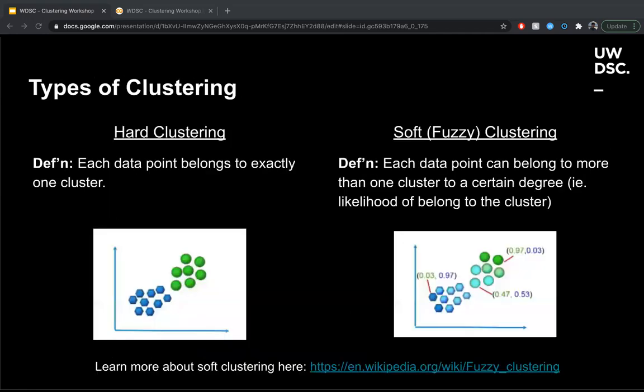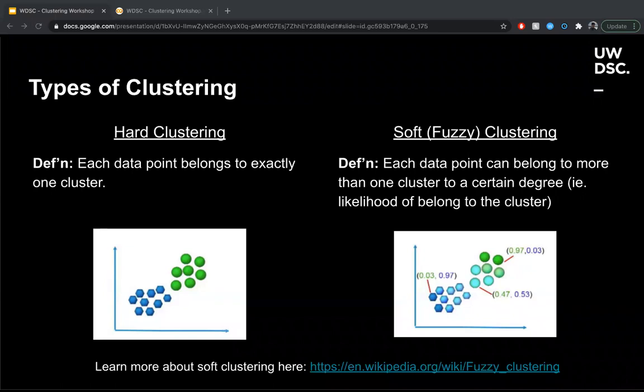Moving on, there are two types of clustering techniques or approaches. There's hard clustering and there's soft, or fuzzy, clustering. For the vast majority of this presentation, I'll be going over hard clustering, but if you're interested in learning about soft or fuzzy clustering, you can go to the Wikipedia page. The most common soft clustering technique is called the fuzzy C algorithm.